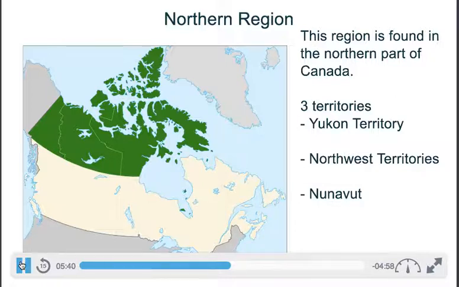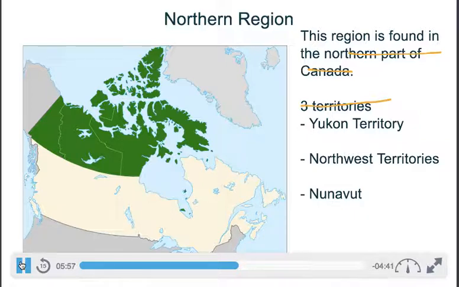Alright, now let's talk about the northern region. Now this region is found in the northern part of Canada, and this one only has 3 territories. So remember, a territory is an area where they have too small a population to be considered a province.